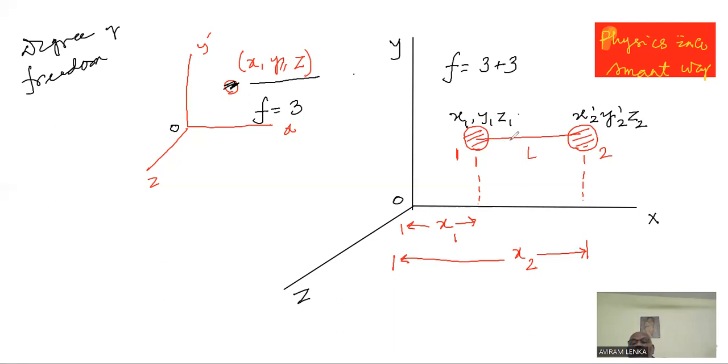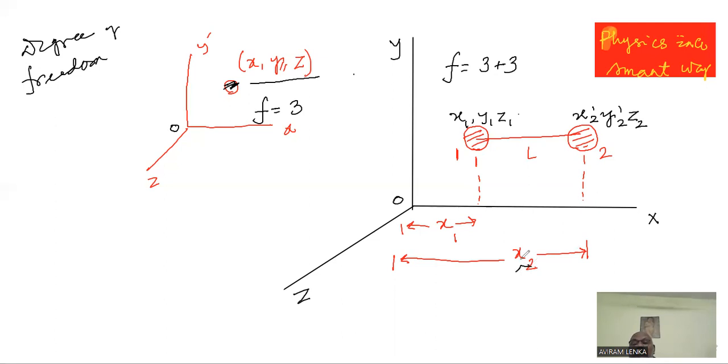If the bond is parallel to the x-axis, the way I have shown it, to make it more simple, under particular chemical conditions like temperature, the bond length is constant. The left side atom has an x coordinate x1. The right side atom has an x coordinate x2.